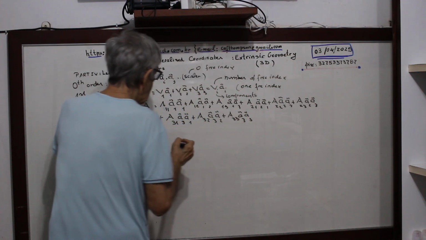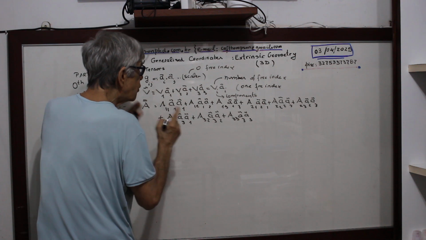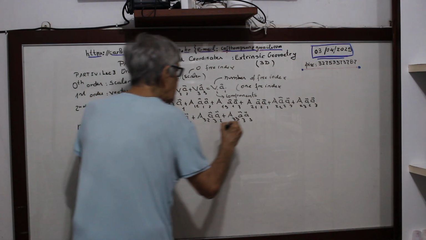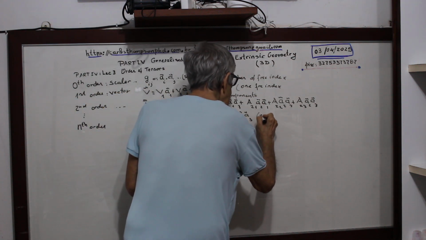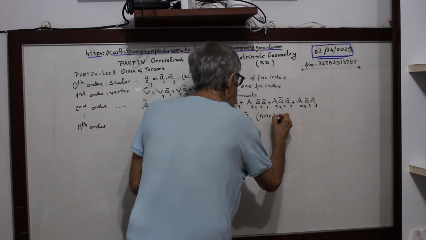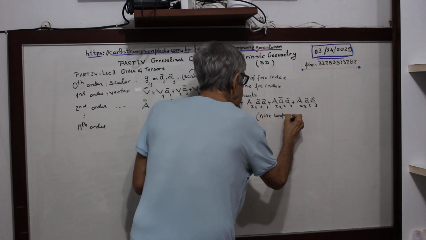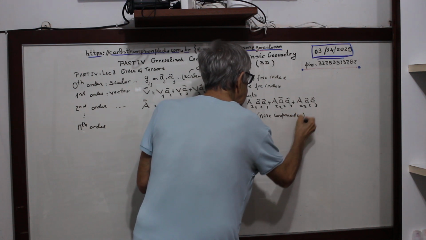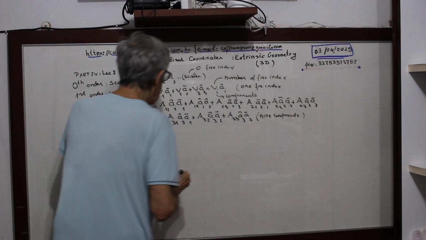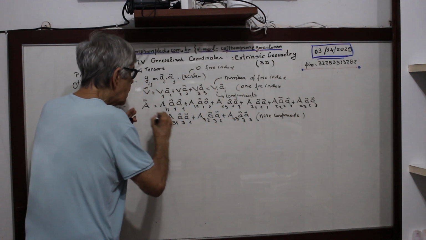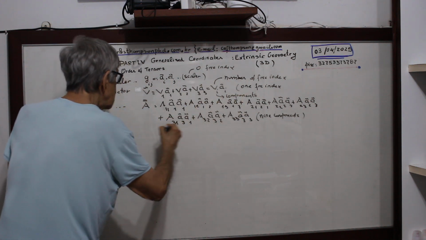You see, we have here 9 components. 9 components. Okay? See, now then I can write all this here.